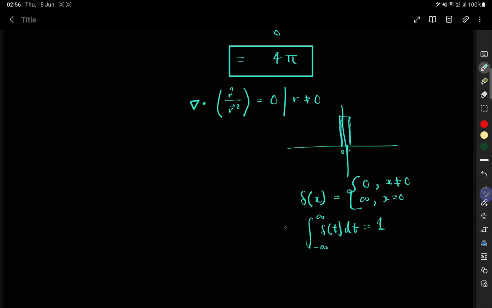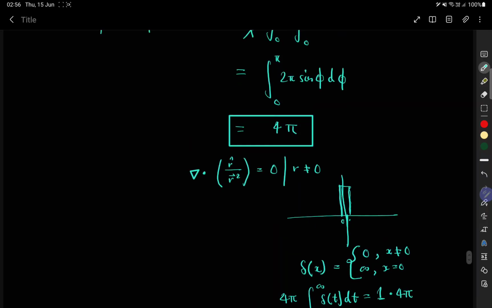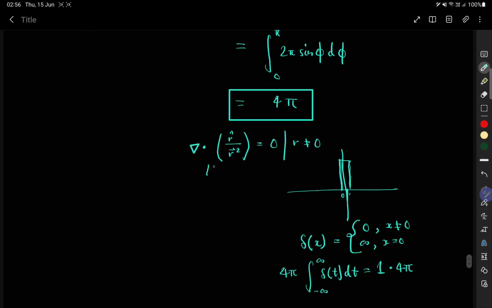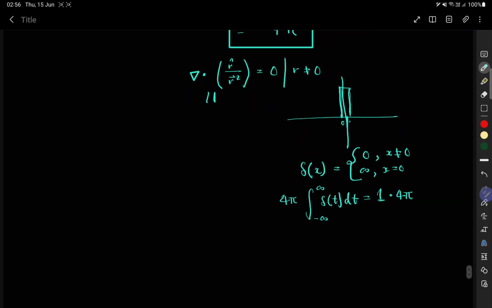So because of this, if you multiply it by 4 pi, we should get 4 pi as our integral value, and that should be equivalent to this function, because we have it exploding at one single point, which is r equals 0, or the r vector is the 0 vector.